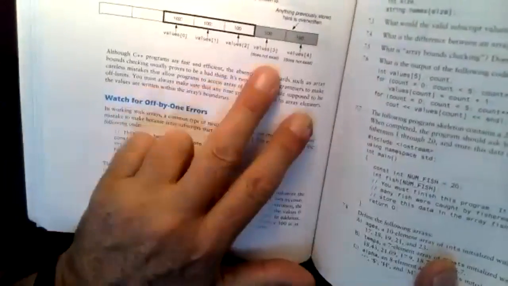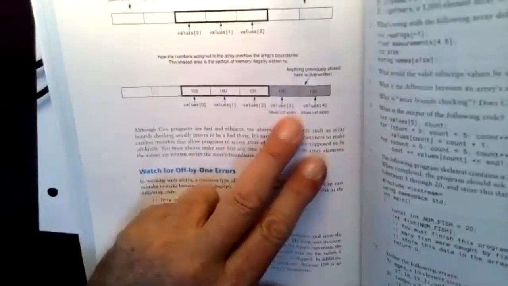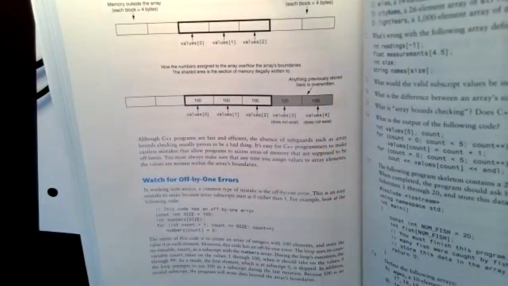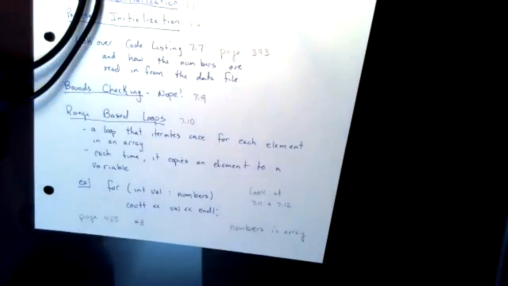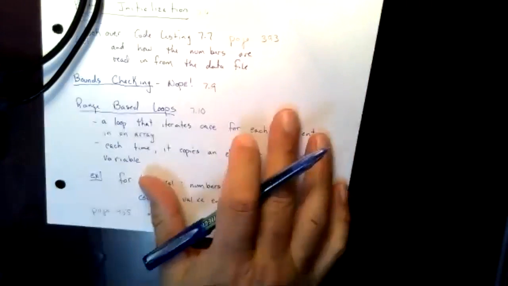We can see some problems going on here where after I got to the first 5, I keep adding more and we just never know what's going to happen. So unlike Java, you can go index out of bounds, but you just need to be really careful.